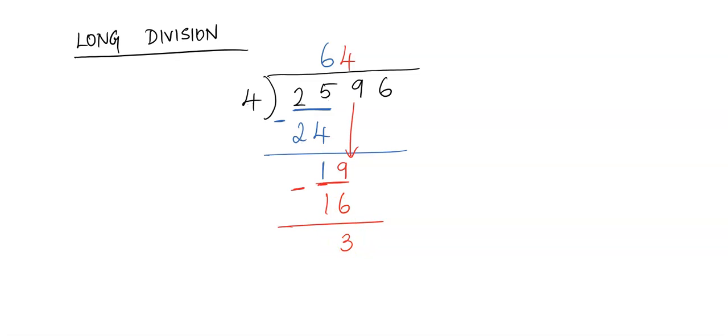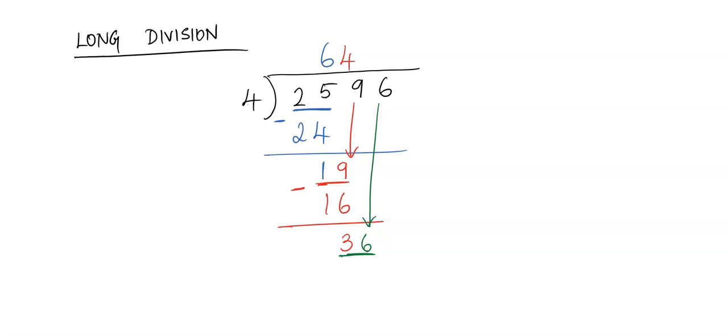Now we try to see how many times 4 fits in 3. 3 is too small. You know the drill by now, so bring down the 6. You have a 36. So you're going to ask yourself, 4 times what will give me 36? Is that an exact answer? Does 4 fit in 36 an exact number of times or not? We just saw 4 times 6 is 24 previously, right?